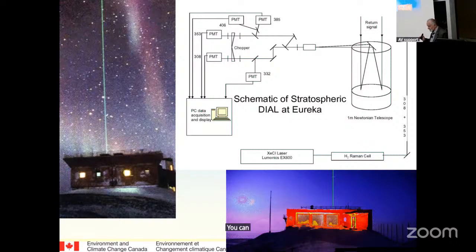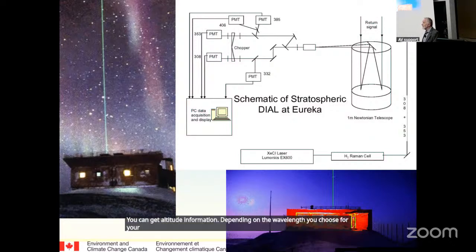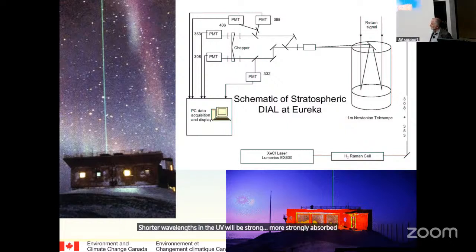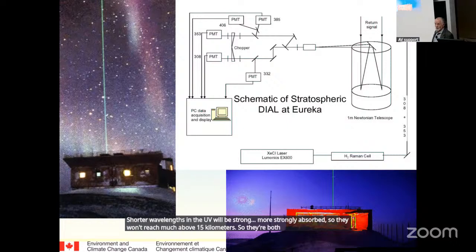You can get altitude information. Depending on the wavelength you choose for your laser, you can measure either in the stratosphere or down in the troposphere. Shorter wavelengths in the UV will be more strongly absorbed, so they won't reach much above 15 kilometers. So there are both stratospheric LiDARs and tropospheric LiDARs.